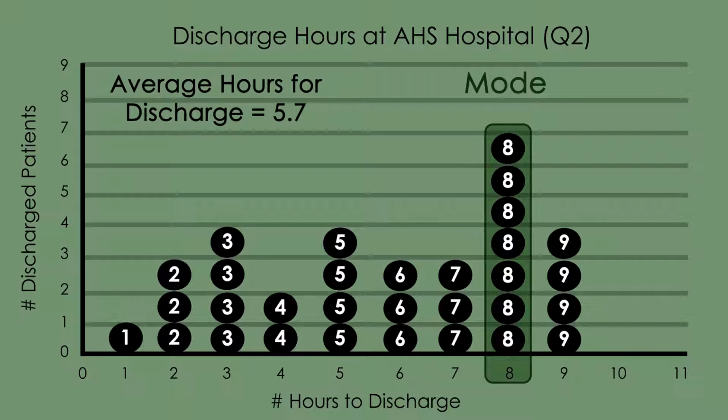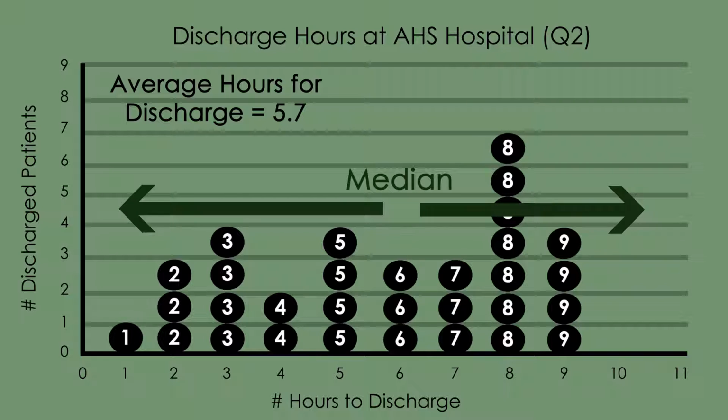This value is known as the mode, and it is important to note because it tells you a bit more about the actual discharge times not influenced by outliers, which are either very large or very small values in the dataset that are not typical. Another value to note is the median. This value tells you that 50% of the patients were seen either above or below the 6-hour mark, which is the true middle of the dataset and can be useful when using targets that have a percentage range.